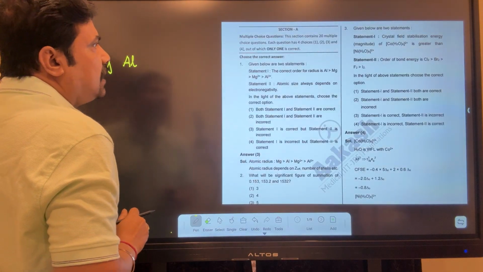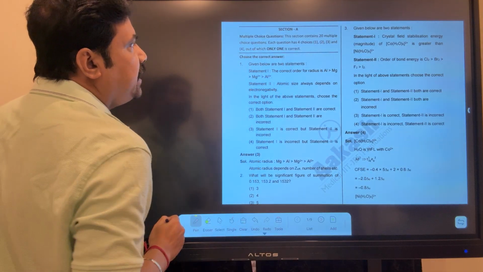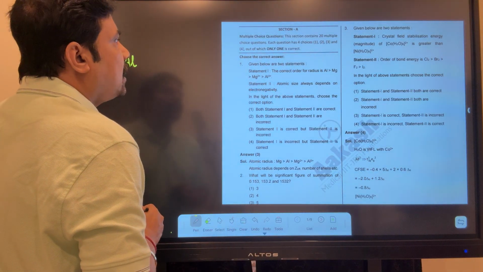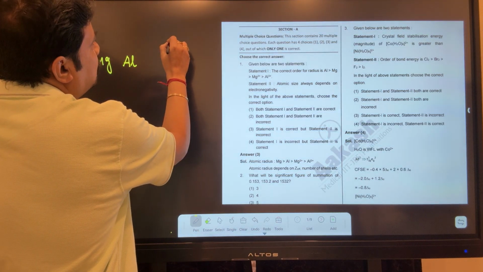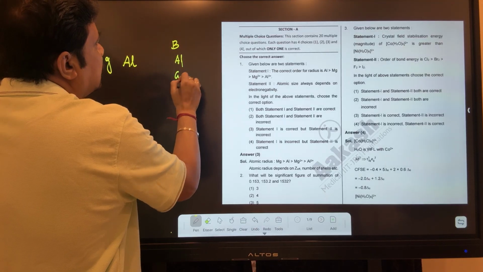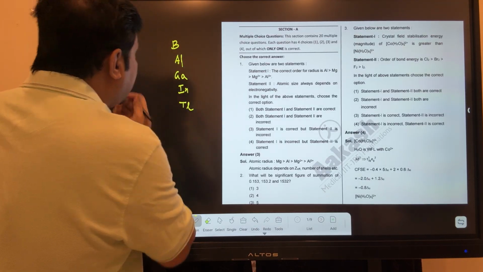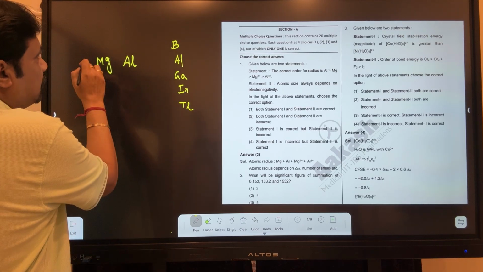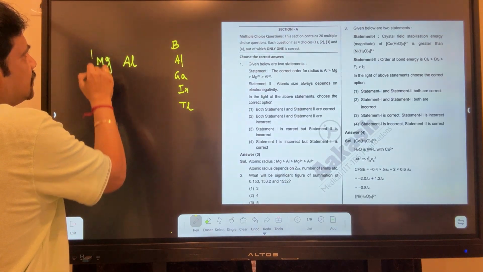Now they are telling the correct order of radius of aluminum is greater than the magnesium. Now if I look at the group, boron, aluminum, gallium, indium, thallium, whereas if you look at the magnesium position, magnesium is before the aluminum.